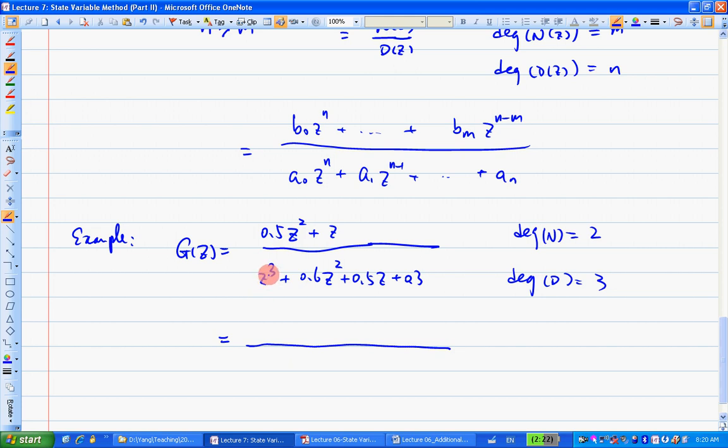The top one becomes 0.5 z^-1 plus z^-2. The bottom one is 1 plus 0.6 z^-1, 0.5 z^-2, 0.3 z^-3.